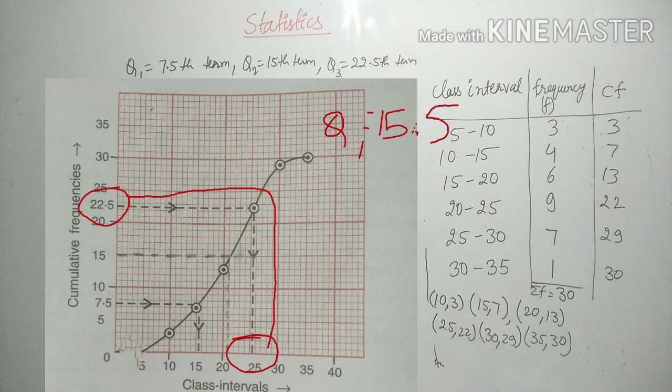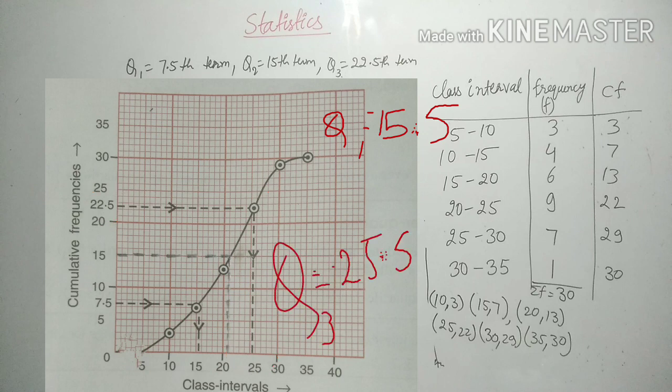So Q3 is equal to 25.5. The next one is Q2, the 15th term I have shown here, and the corresponding value is 21. If you observe the dotted line I have given, it is 21. So Q2 is 21, the median or middle quartile.